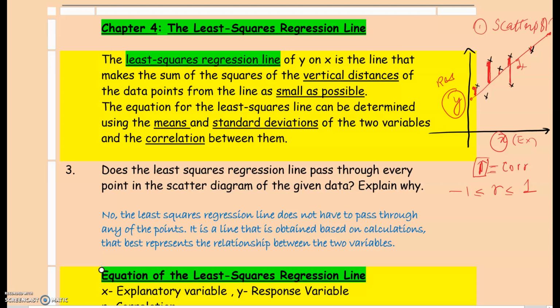So just draw a vertical line from the point, which is the real world data, those crosses, to the regression line. So it is a line that minimizes the sum of the squares of the vertical distances from the points to the line.